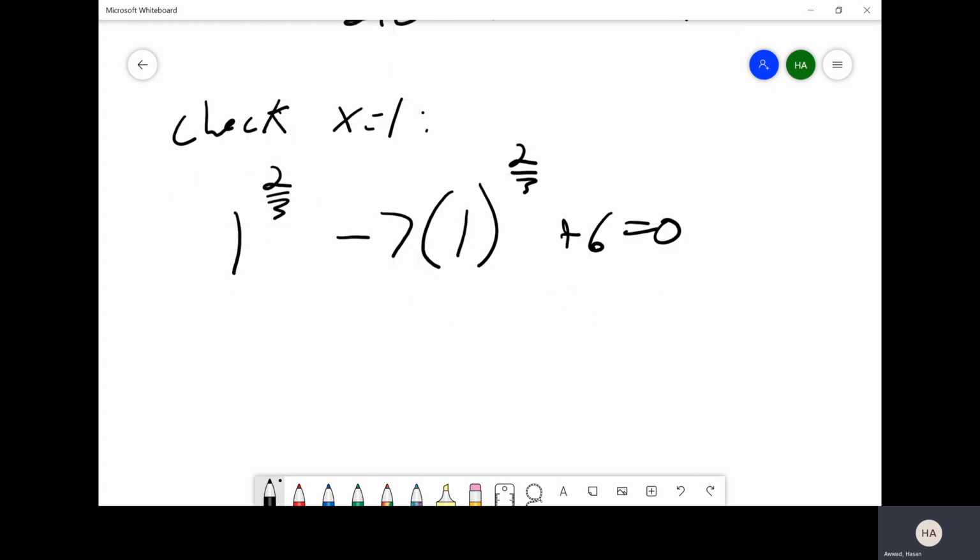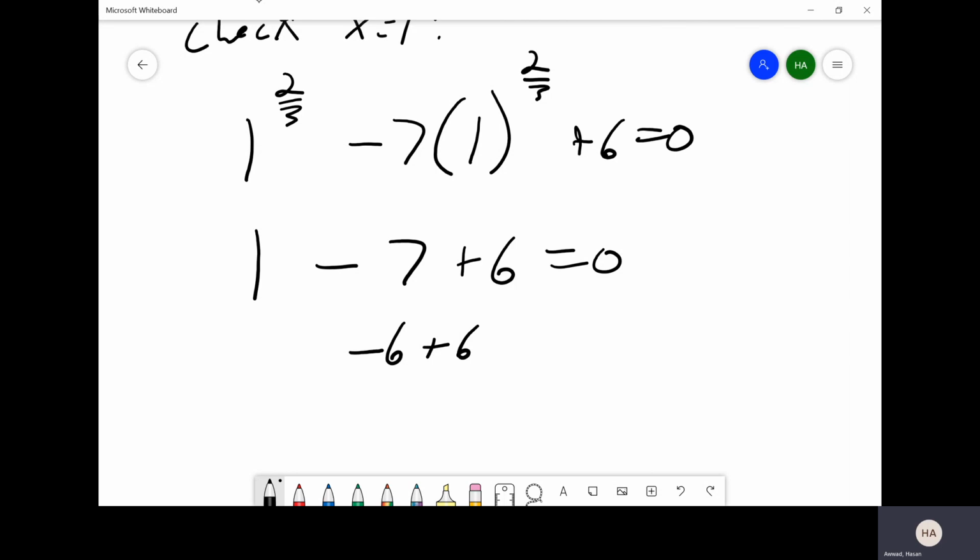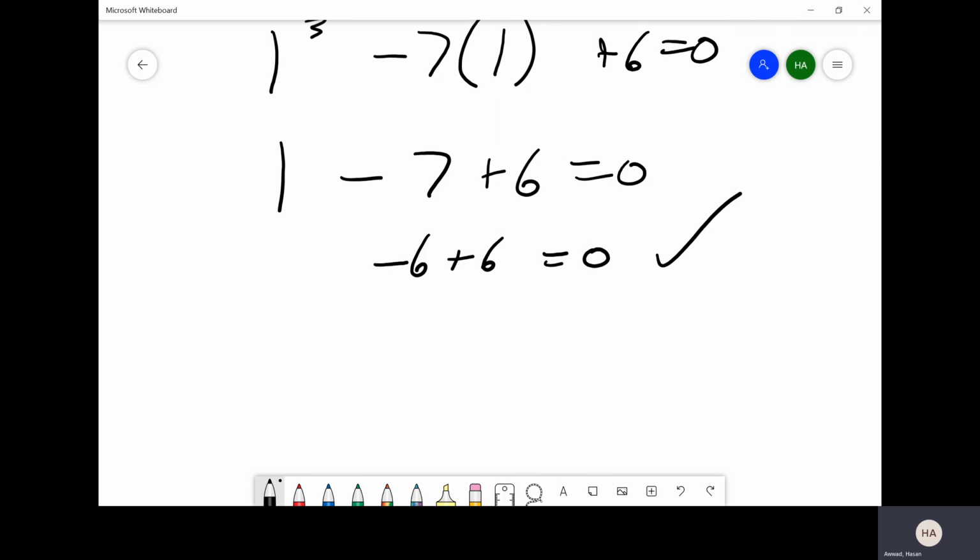Okay, 1 to any power is still just 1, minus 7 times 1 to any power, still just 1, so 7 times 1 is just 7, and plus 6 is equal to 0. 1 minus 7 is -6, plus 6 is equal to 0. Hooray! 1 works out. We know that that one's good. Okay, let's go ahead and check 216, which I know seems quite ridiculous, but it should work.